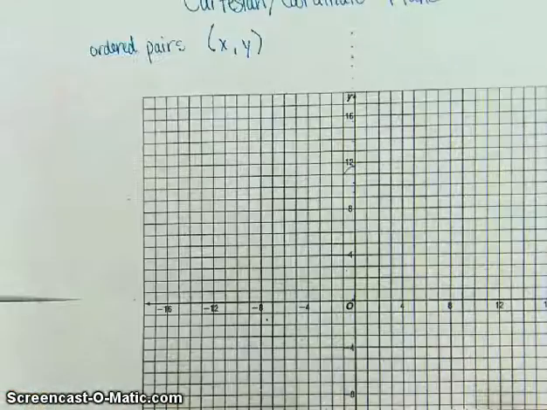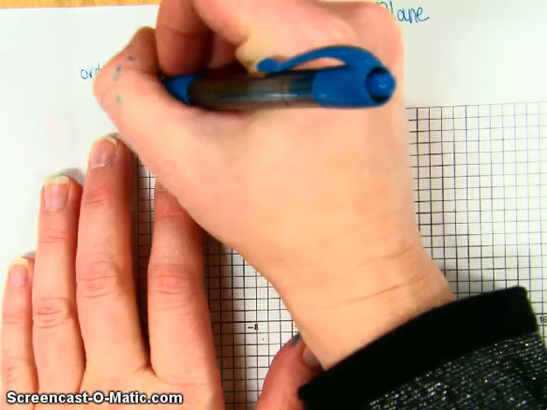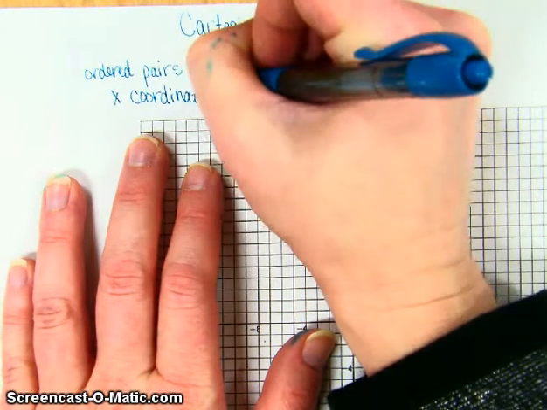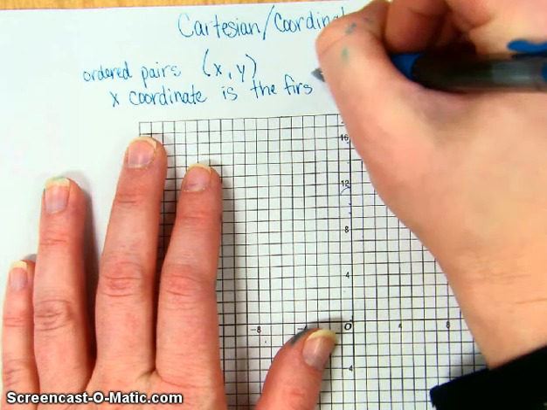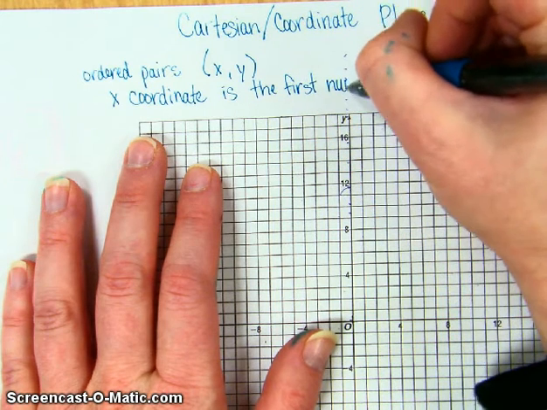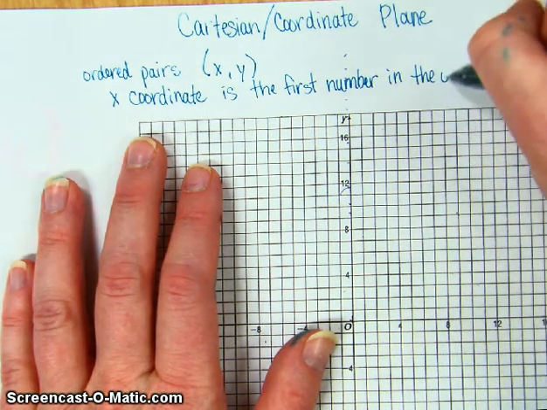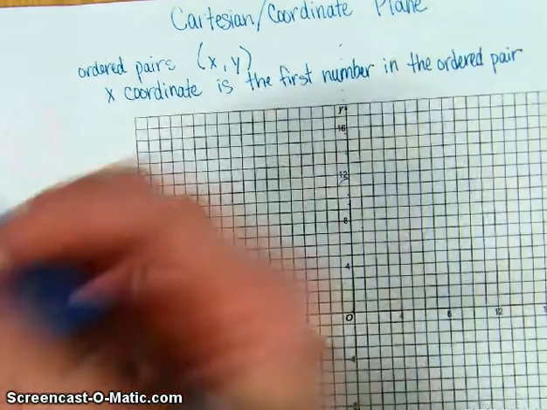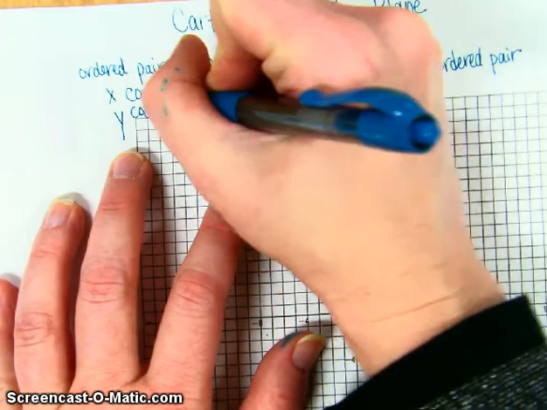Let's zoom in here. So the x coordinate is the first number in the ordered pair. And the y coordinate is the second number in the ordered pair.